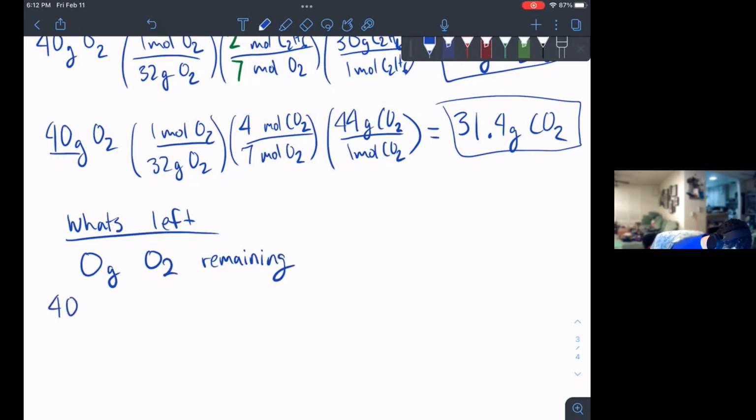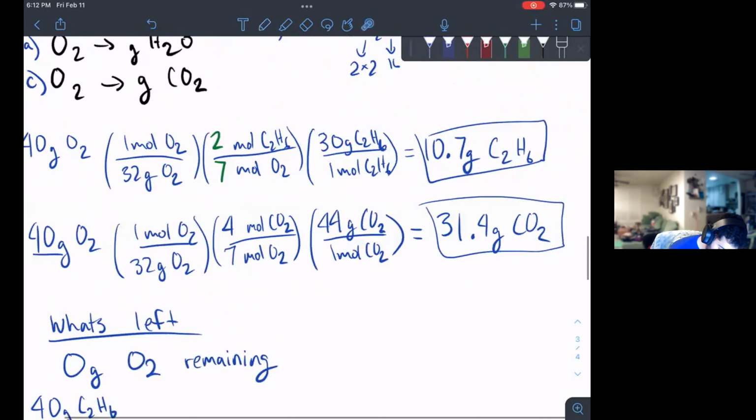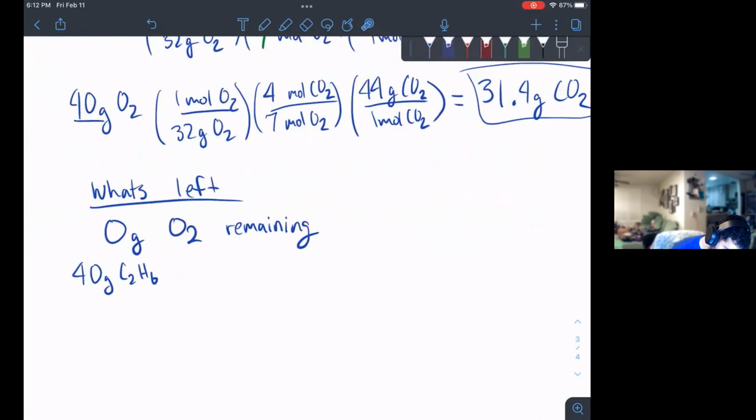We started with 40 grams of ethane, but right up here, we have to use 10.7 grams. So that's going to be 40 minus 10.7 grams, so that's going to be about 29.3 grams ethane remaining.